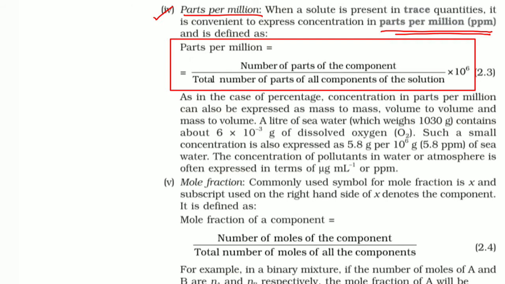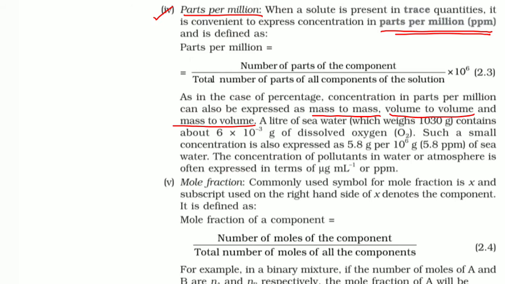We can express the number of parts of the component in terms of mass or in terms of volume, like in the previous cases. Here it is given in your book that, as in the case of percentage, concentration in parts per million can also be expressed as mass to mass.